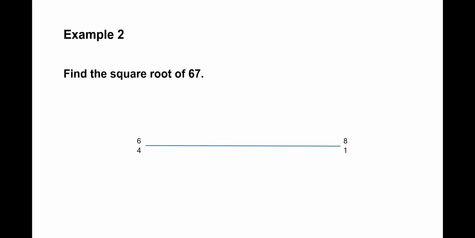And at the bottom, the square root of 64. And above, write 8. On the other side, write the square root of 81. And above, write 9.